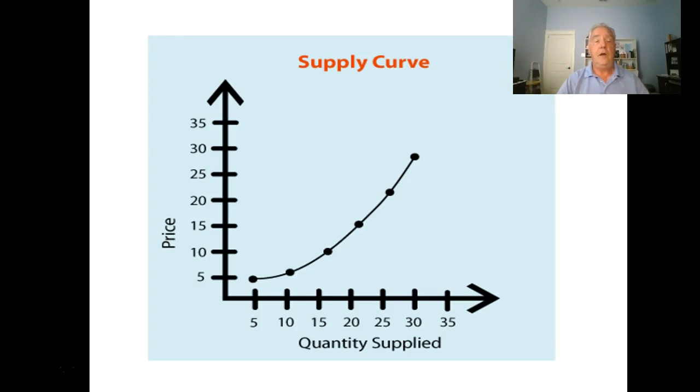At a price of 10, he will produce 17. At a price of 15, he will produce about 23. So it's a movement along this curve, and that's the shape of the curve. It's always upward sloping and to the right. The demand curve is always downward sloping and to the right as well.